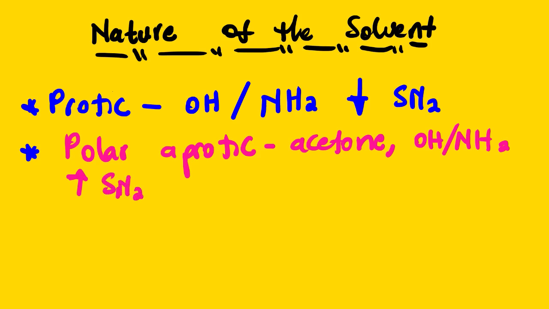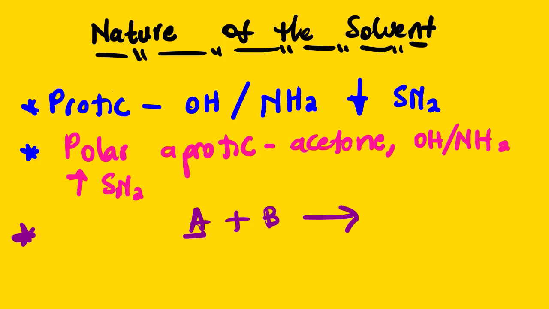Sometimes you might find multiple choice questions where everything is okay, where all the options actually favor the SN2 reaction. But sometimes you are given the reactants, let's say A plus B, your nucleophile and your substrate, and you are given an arrow, and on top of this arrow is written the name of the solvent.